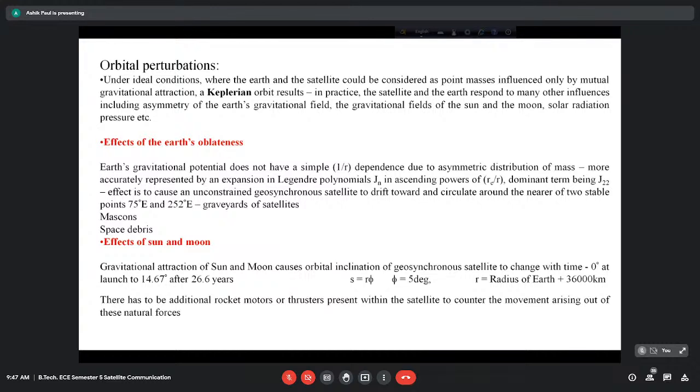It is not that we could simply leave this thing to continue, that means the orbital inclination to change, and then wait for the consequences to happen. We cannot do that. So that is why there are additional rocket motors or thrusters which are present.